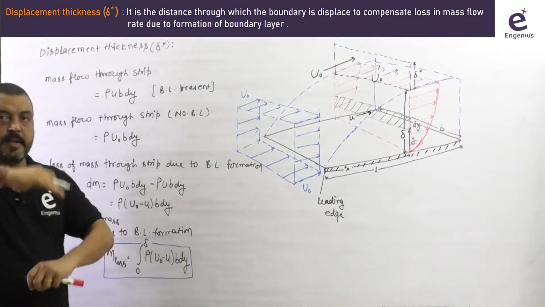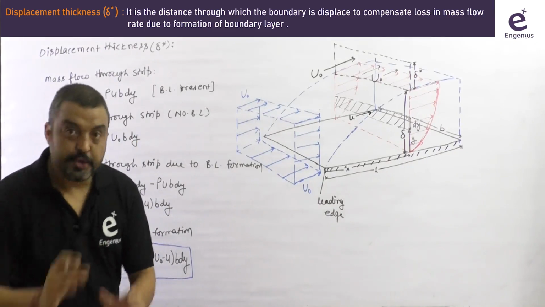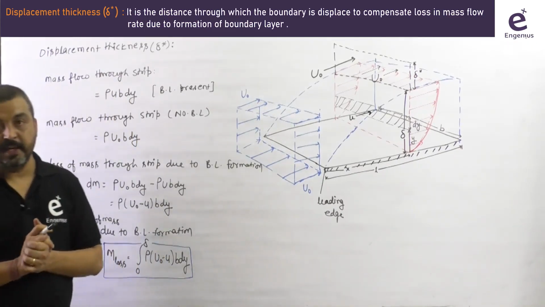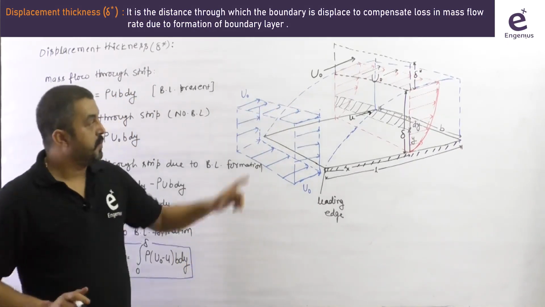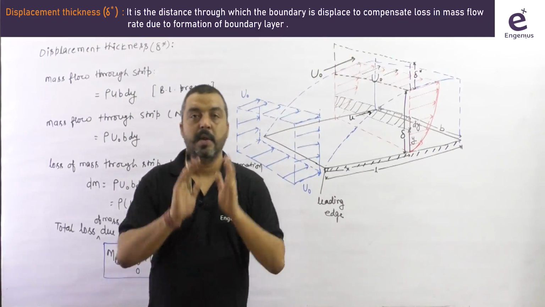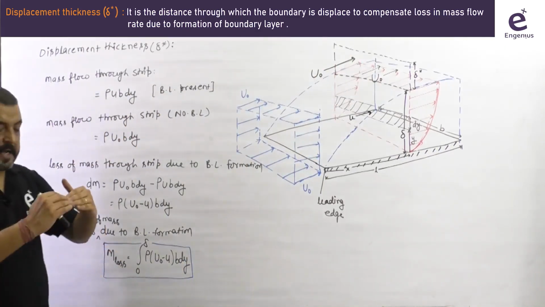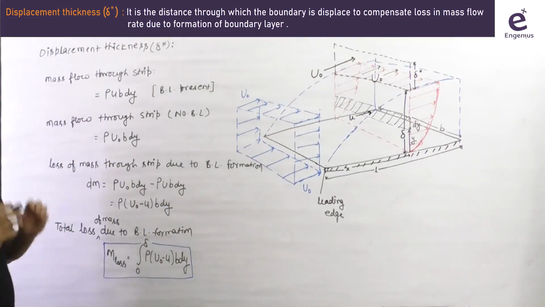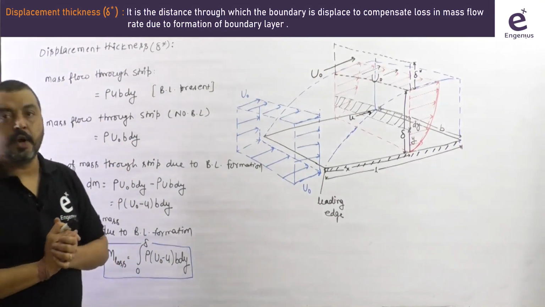I choose delta star in such a way that the velocity passing through it is u naught, and the mass through this portion will be exactly equal to what we lost due to boundary layer formation. I have shifted the boundary by exactly so much that the extra mass going through there is exactly what our mass loss was.